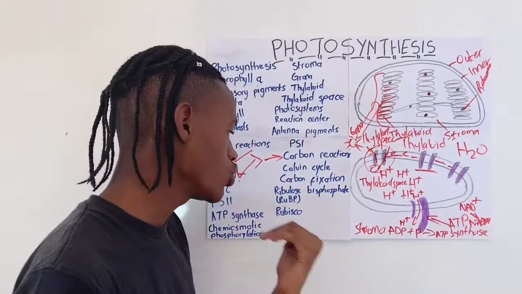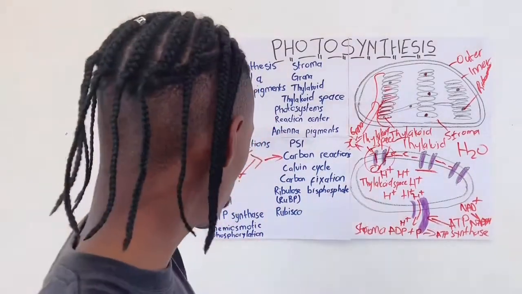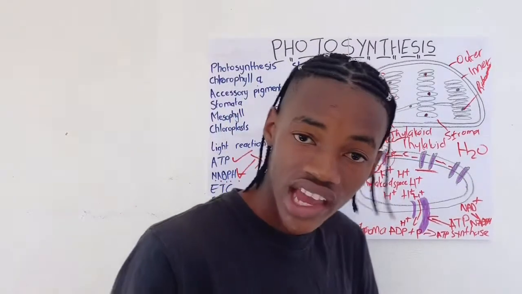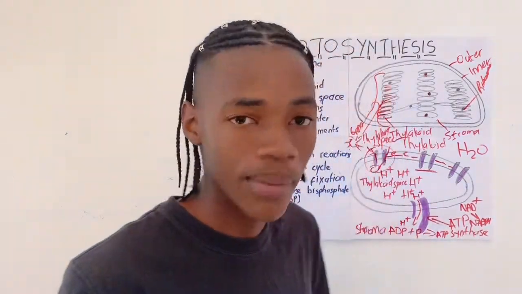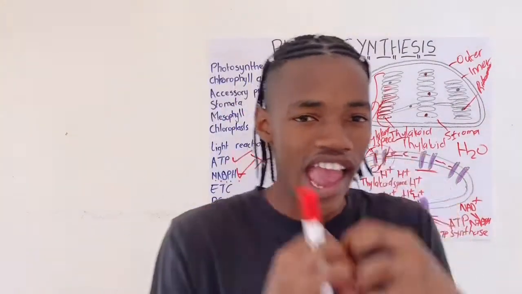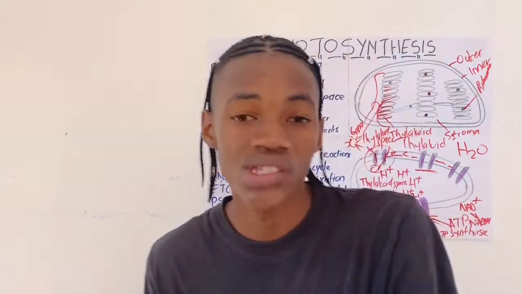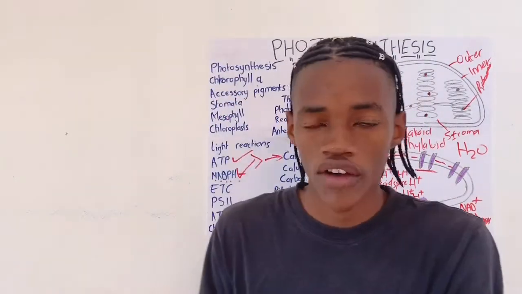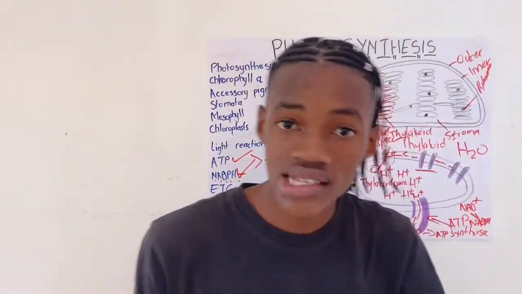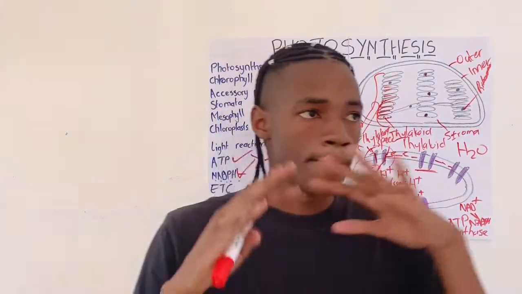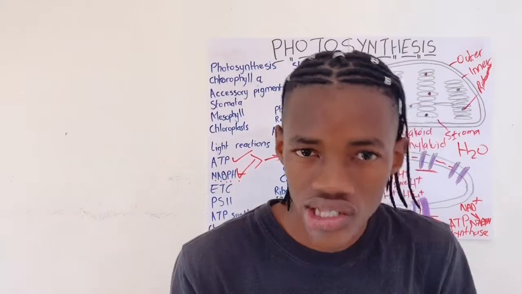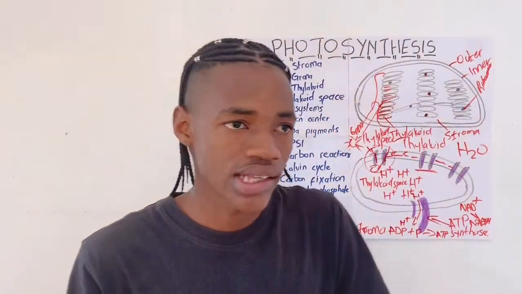So carbon comes together and reacts with ribulose bisphosphate, which is also called RuBP, a 5-carbon sugar. Rubisco is the enzyme that catalyzes this reaction, and it undergoes other reactions, and in the final step we get our glucose that is made.